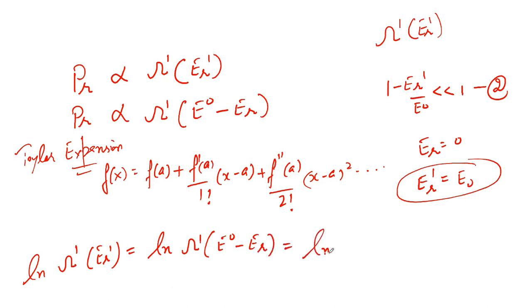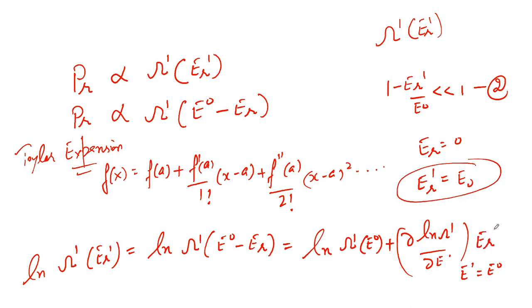This we can write as log of omega dash of E naught plus the partial derivative of log omega dash with respect to E dash, where the energy function E dash is equal to E naught into ER dash minus E naught.